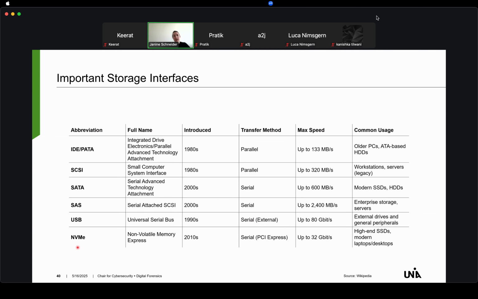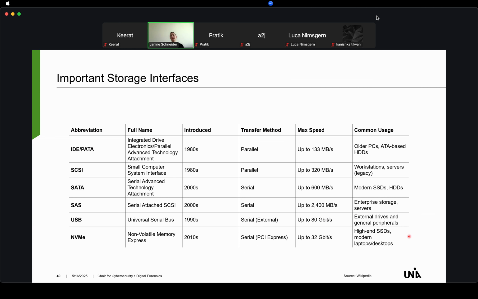And we have NVMe, Non-Volatile Memory Express. It has a serial transfer method. It usually works over PCI Express, and it's used for high-end SSDs, modern laptops, and desktop PCs.